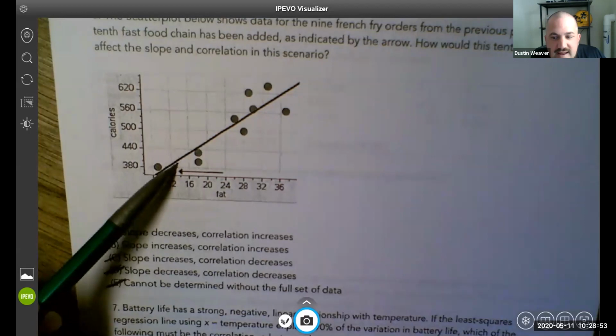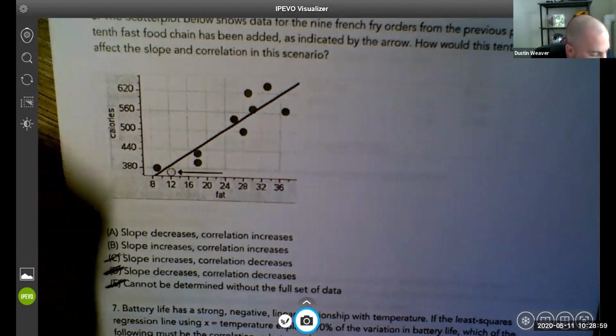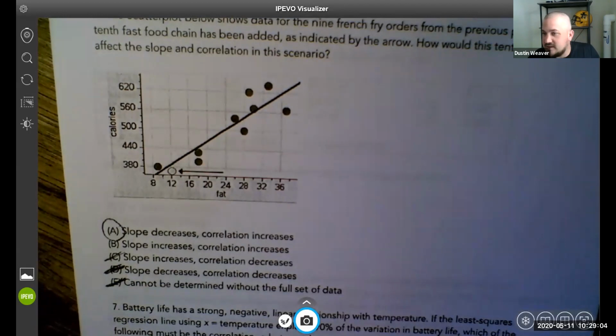So this is going to pull the line down just a little bit, which means the slope decreases as the correlation increases, and that is going to give us A. Because the point is below the current line, we're going to say that the slope decreases, but the correlation increases because the points are very, very close to the line. Anybody have a question there?